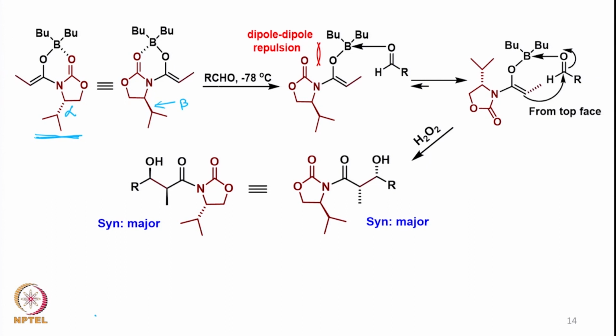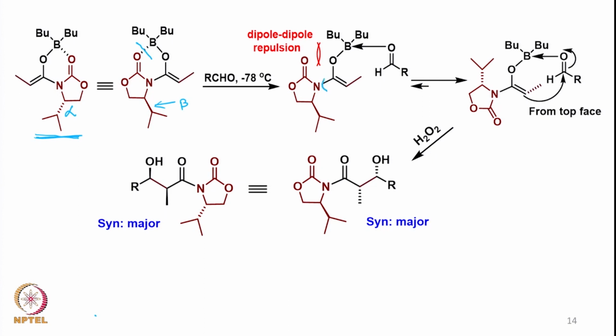Now when this comes in contact with the aldehyde here, this particular oxygen-boron chelation breaks, and of course there is a dipole-dipole repulsion. Here there is a delta negative, here there is a delta negative, and therefore the orientation has a dipole repulsion, and this turns around.